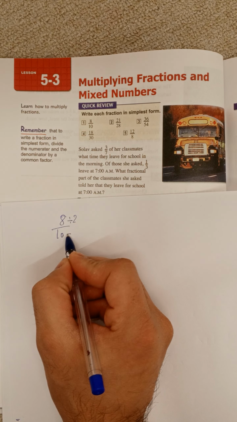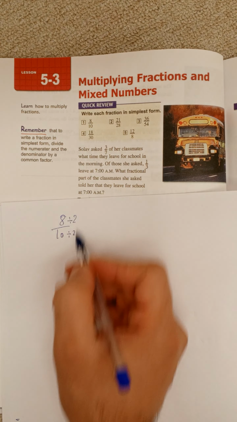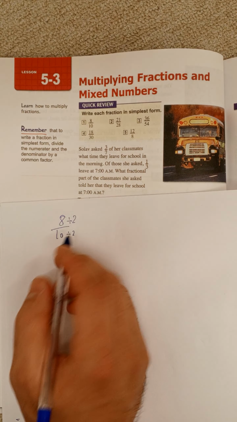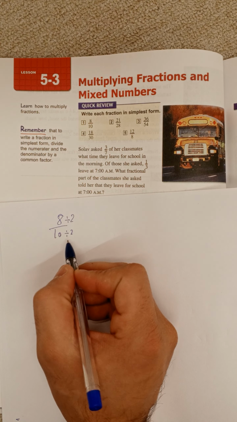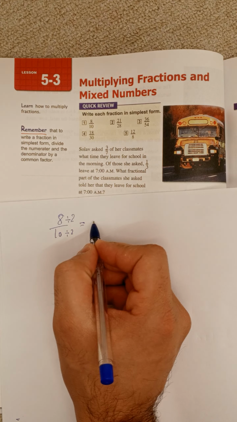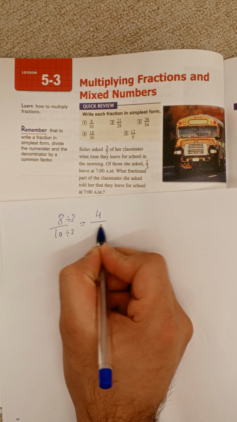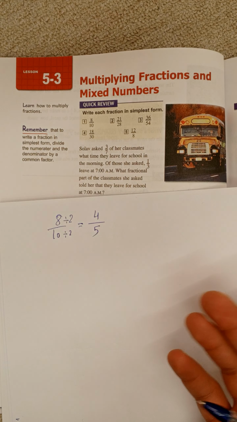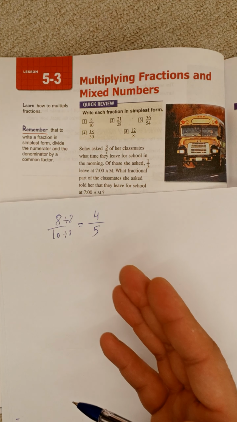What about 10 divided by 2? You have to divide by the same number, otherwise it will be wrong. 2 times 4 is 8, 2 times 5 is 10. It's going to be 4 out of 5. The common factor is 1, because there is no common factor between 4 and 5.